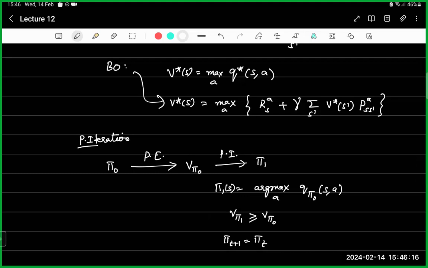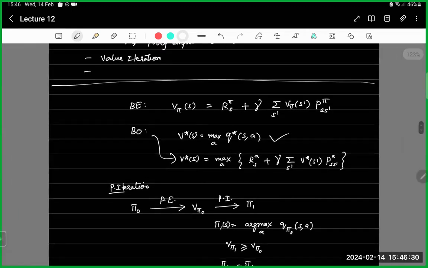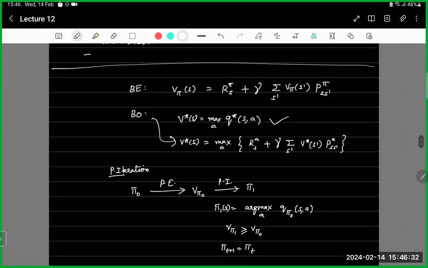Why is that? Because that will satisfy the Bellman optimality equation if you substitute this, right? Because what is the Bellman optimality equation? This is the Bellman optimality equation, right? So if pi t plus 1 is equal to pi t, then you can show that it will satisfy the Bellman optimality equation.